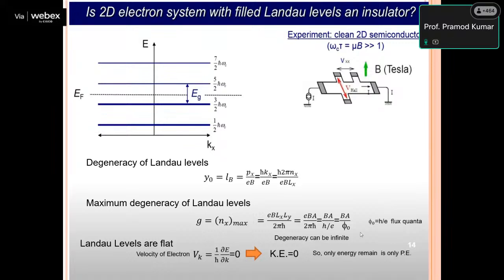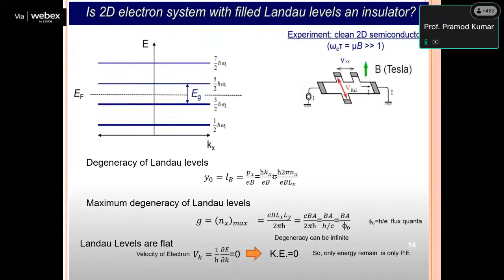BA is the flux, Φ, as you remember from 10+2 physics. So the degeneracy is Φ/Φ0. This degeneracy comes due to k_x, which indicates that the Landau levels are highly degenerate.